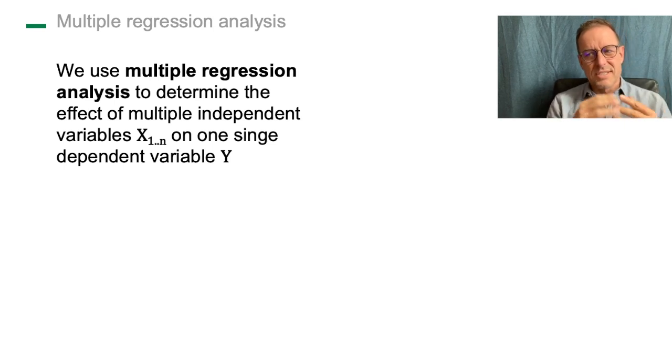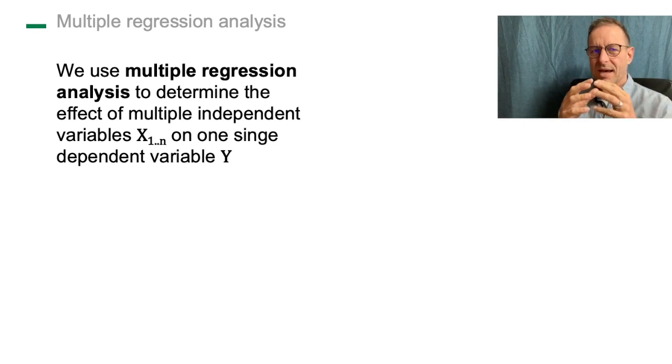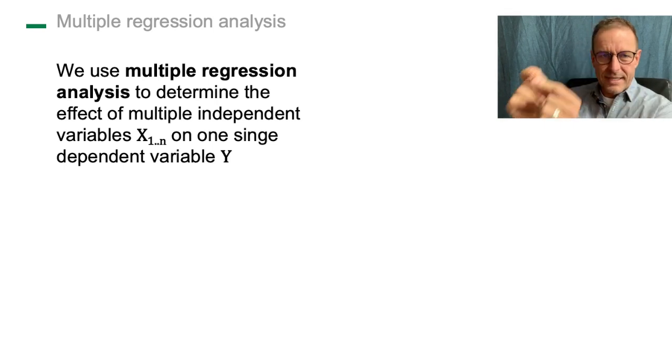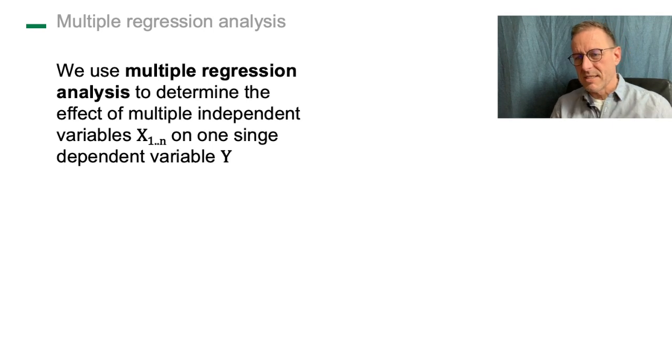And what you receive at the end are so-called beta weights. What is a beta weight? A beta weight tells you to what extent a single independent variable is related to the dependent one. So in the end you primarily look at the beta weights.